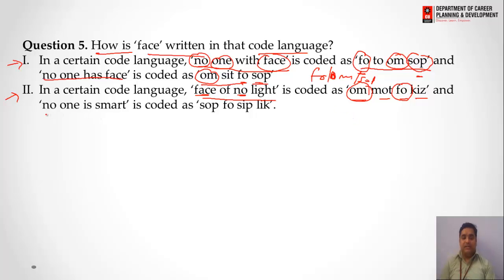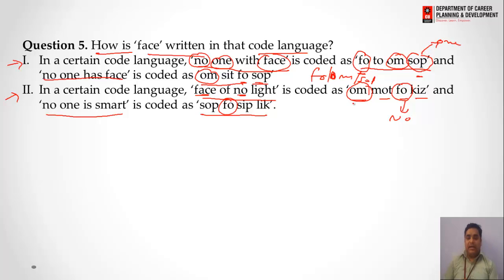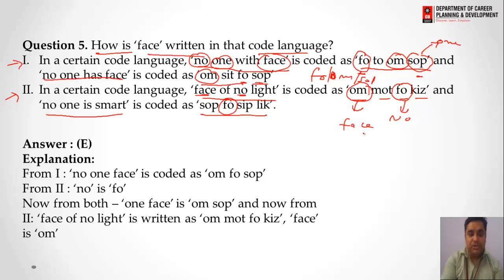Whereas in the other statement, no one is smart, no is common, that is FO is common, hence we know FO is the code for no, SOP is the code for one, hence OM is the code for face. That means both statements are combinedly required to answer this question, hence option E is the right answer for this question.